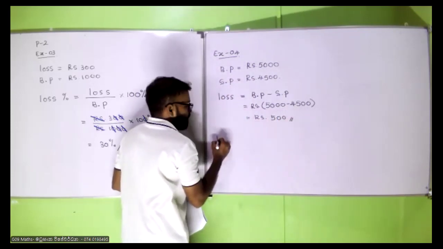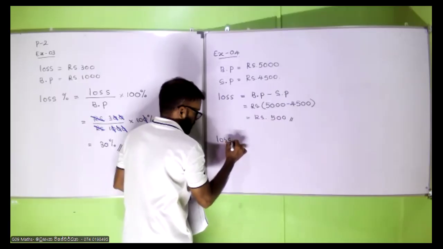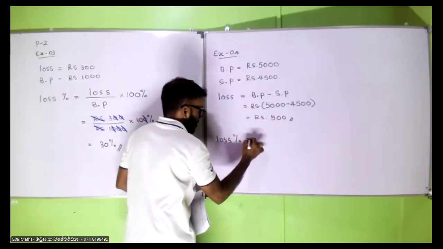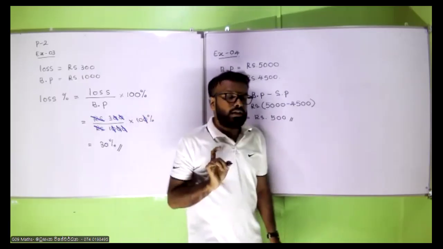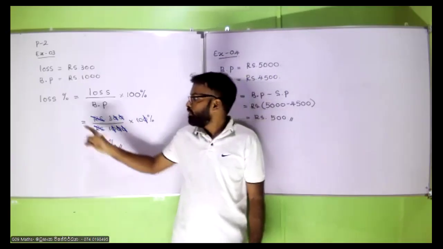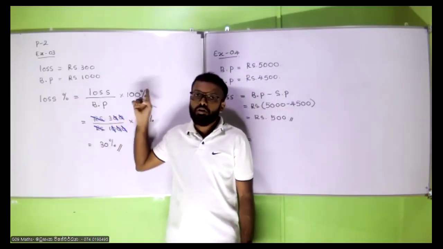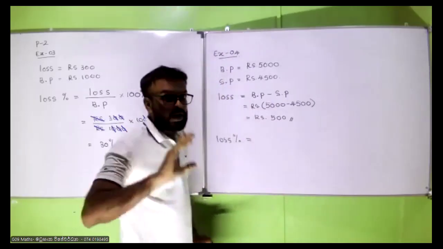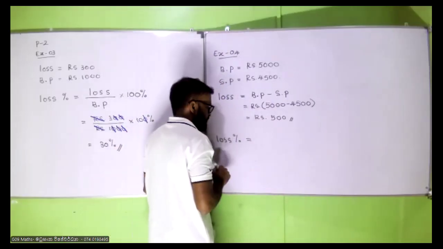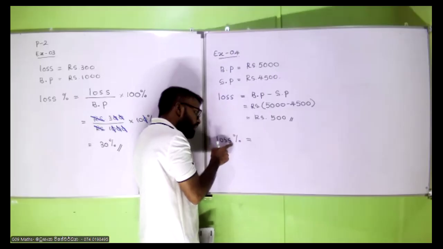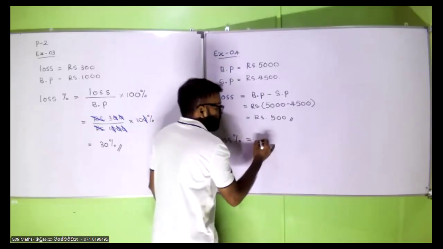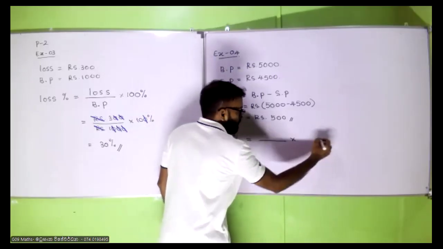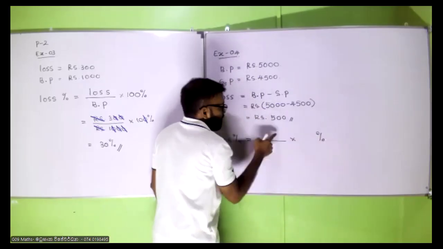And you know how to find the loss percentage. I am not going to write the equation because I already have it here, so you have to write it. If you are finding the loss percentage, the numerator should be the loss.